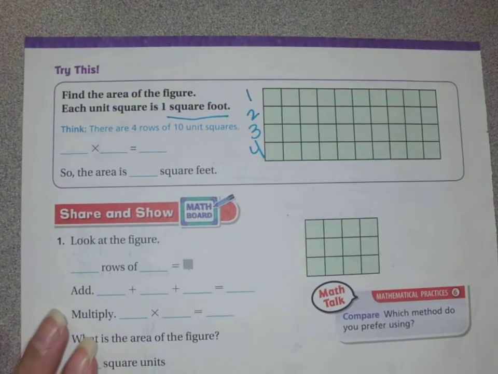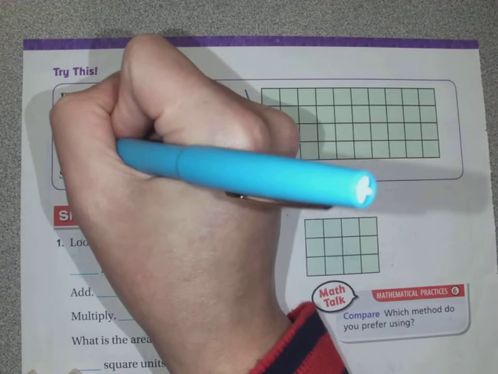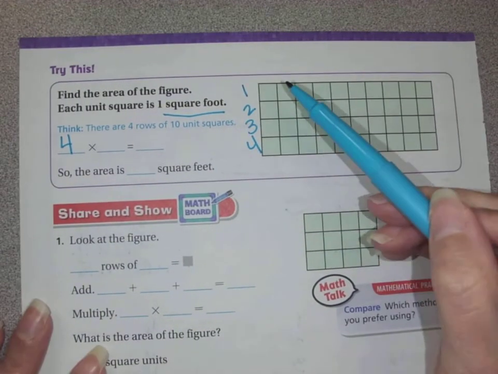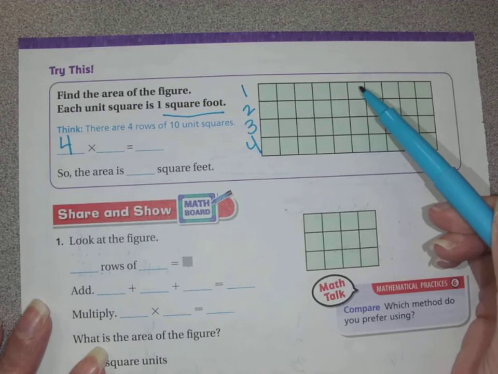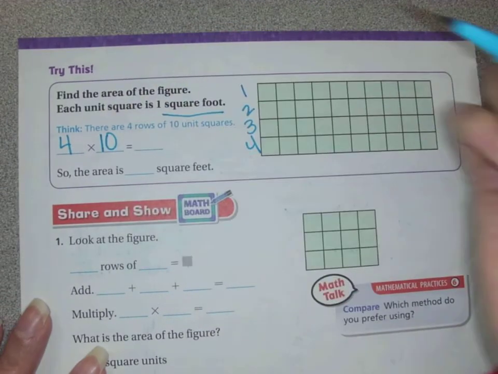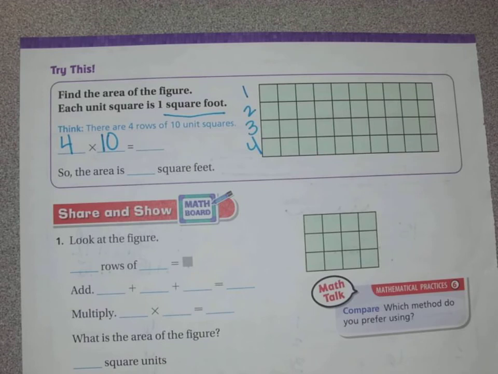Okay, so that'll be my first number, our first factor. 4 rows of how many? Well, 1, 2, 3, 4, 5, 6, 7, 8, 9, 10. There are 10 unit squares inside of each row.